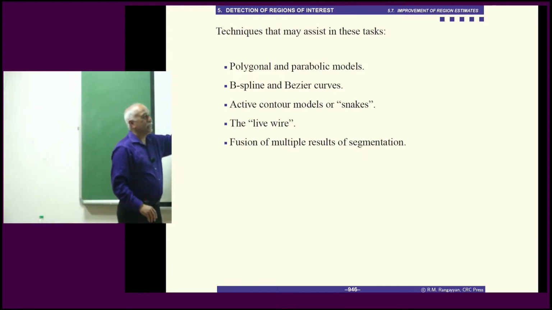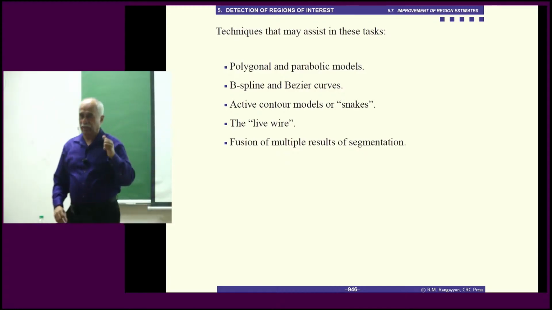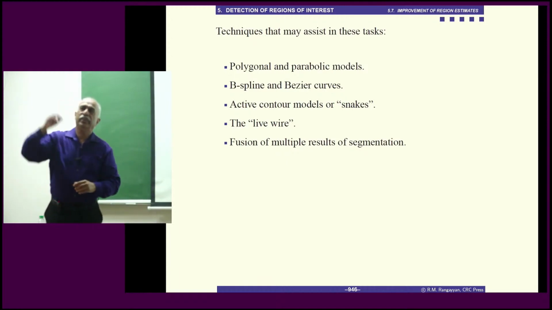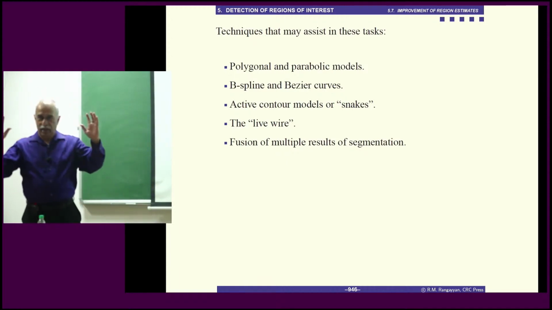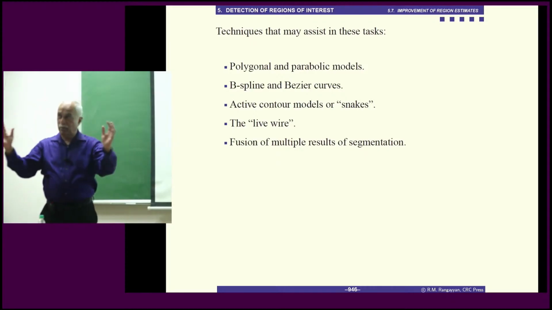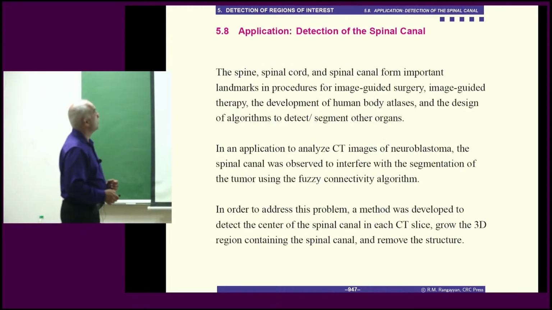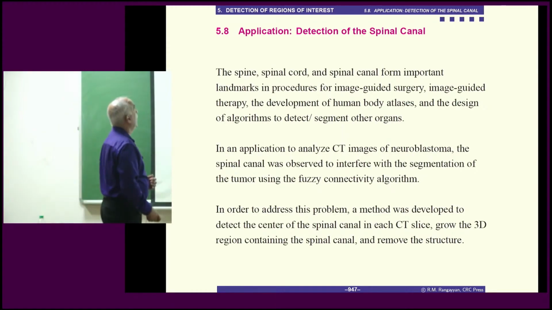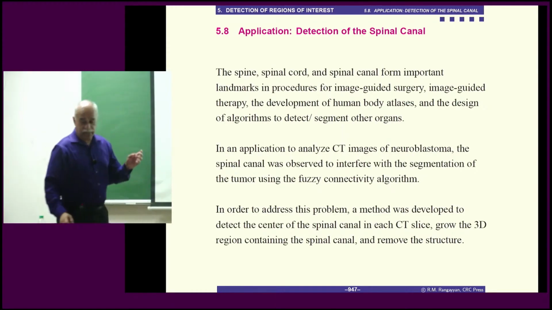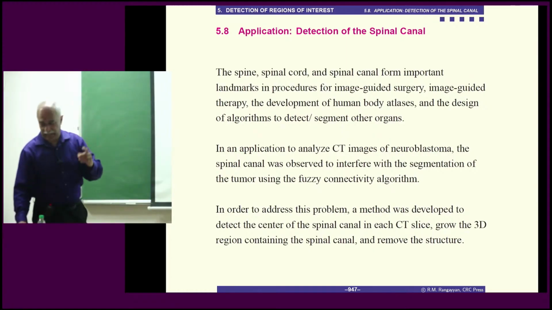Fusion of multiple results of segmentation is what I'll show you later on. You get a contour from here, you get a region from there, something else from here. Do you take each one of them, or could you put them all together and get a better result? We will see that later. Detection of the spinal canal is something I'll show you, but we will get to that again later on.